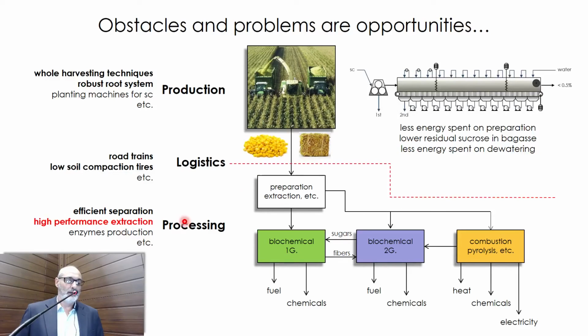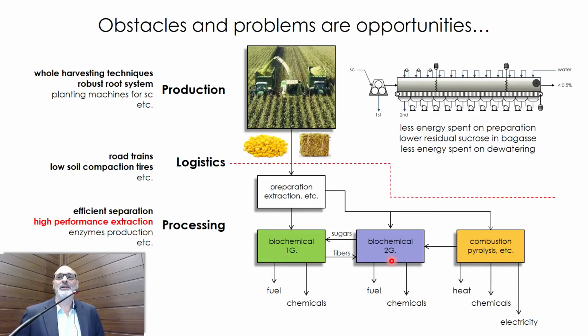And if you manage, just to give you an example of a new technology inside the industrial limit here, high performance extraction. Sugarcane bagasse with traditional extraction has roughly 2% residual sucrose.